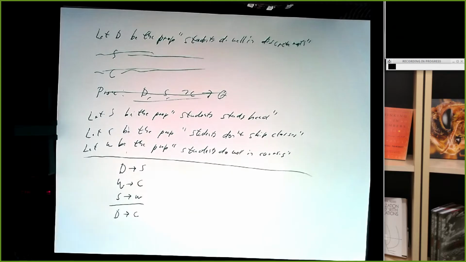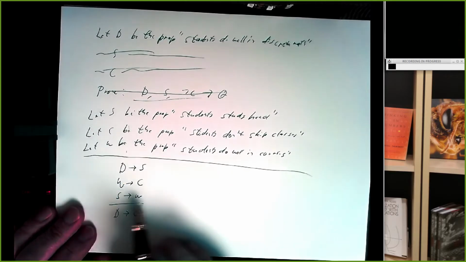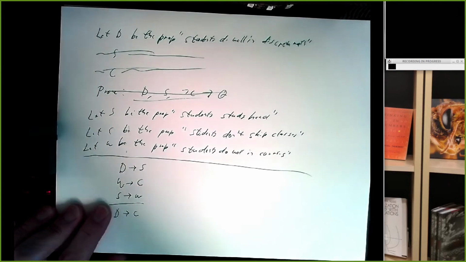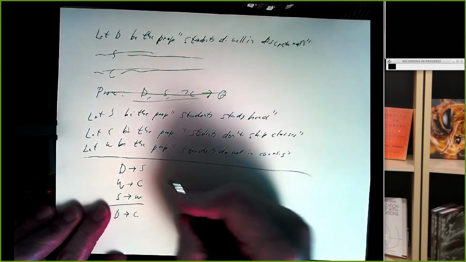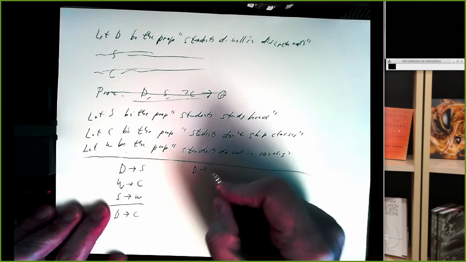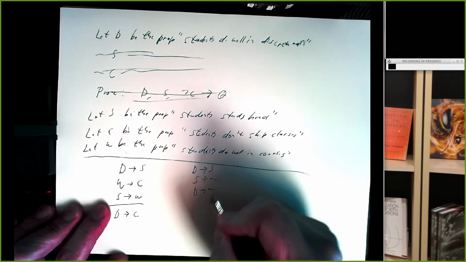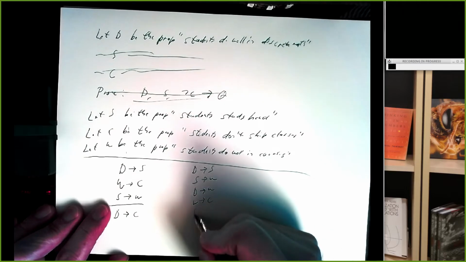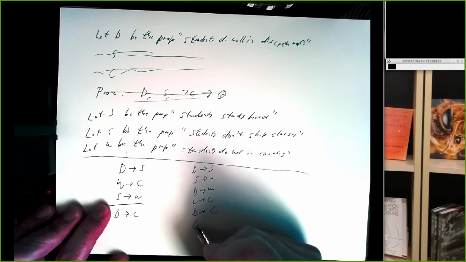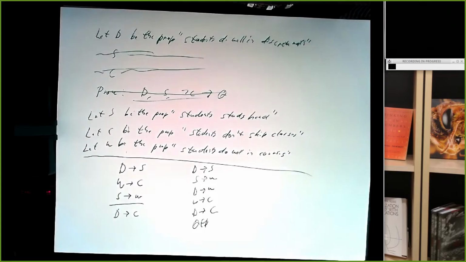And this turns out to be one big long chain rule, right? D implies S, S implies W, W implies C. So if you do a series of chain rules, you can show that D implies S, S implies W, and so D implies W, W implies C, and so D implies C. And that's what you're trying to show. So it does turn out to be true.